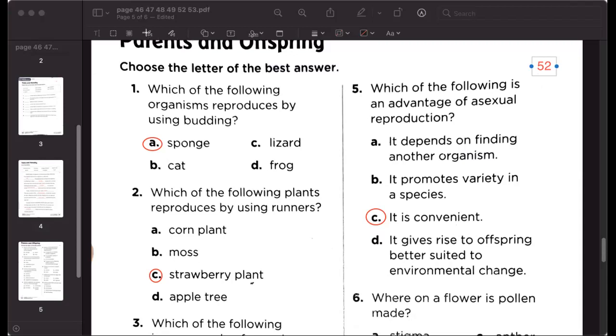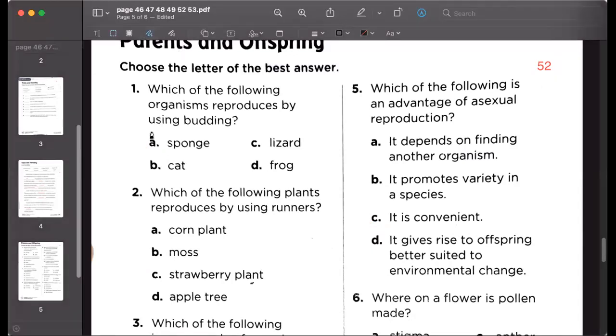We can use it with the help of this. Just a minute, I can use this, it will help a lot. Yeah, it will be better. First is A, sponges.